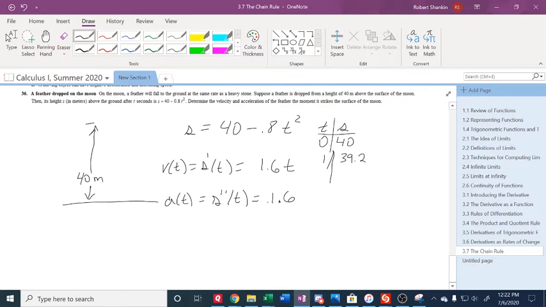And now we need to fill in these at the specific time when the feather strikes the surface of the moon. How do I find, though, when does it strike the surface?